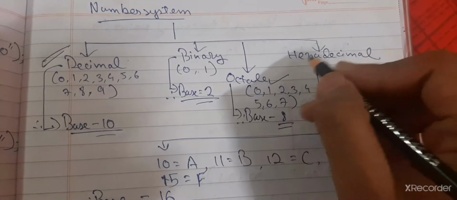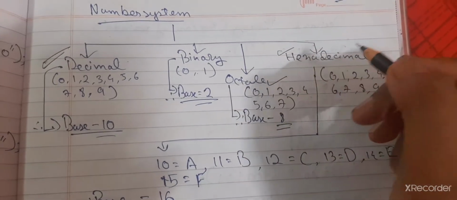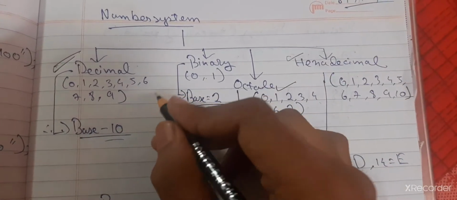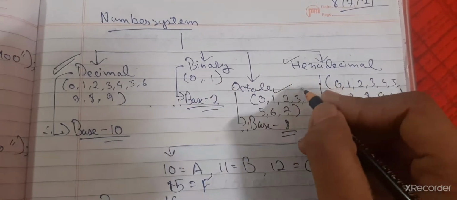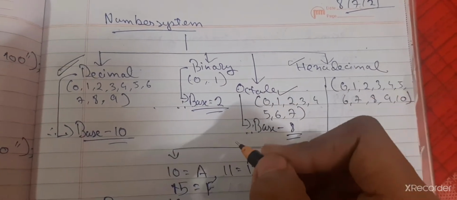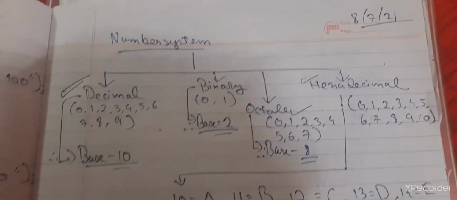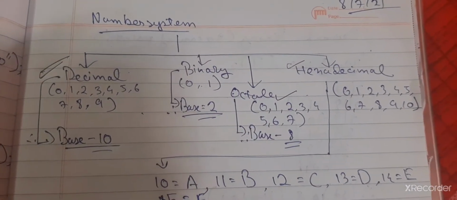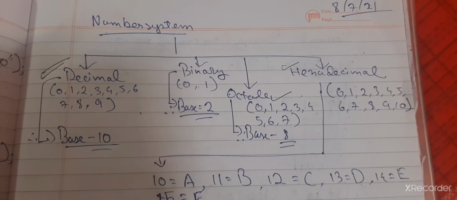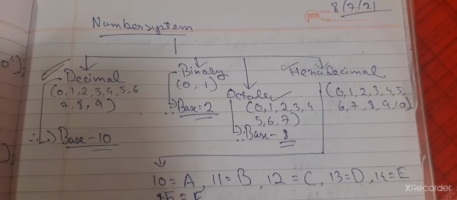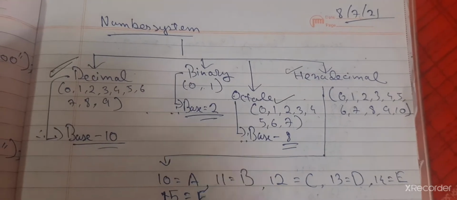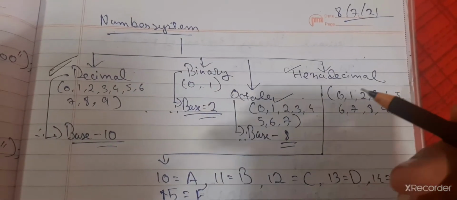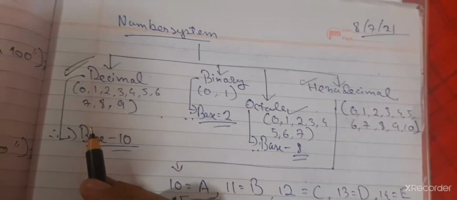Octal and hexadecimal. Now, each of these 4 number systems has a base. What is a base? A base is the number which represents the total numbers in that number system used to represent a number or a digit or something.